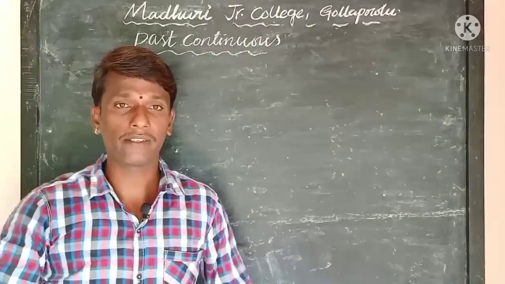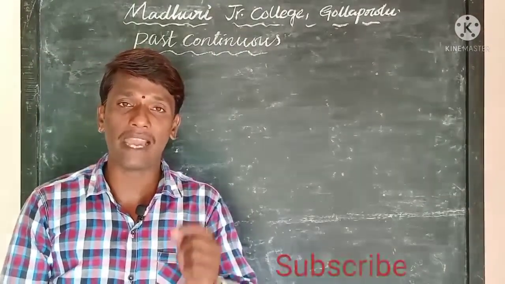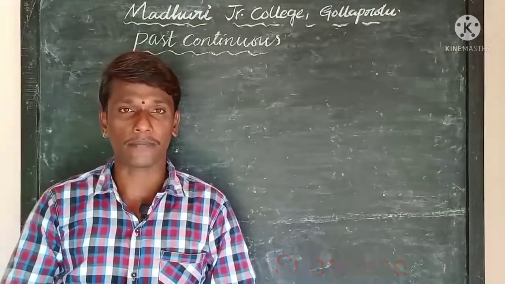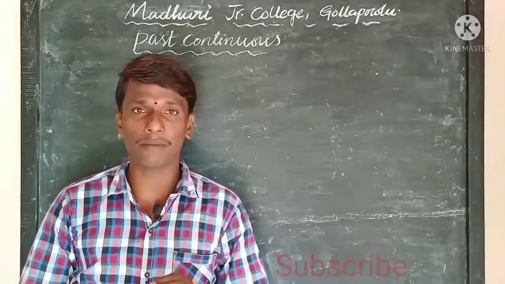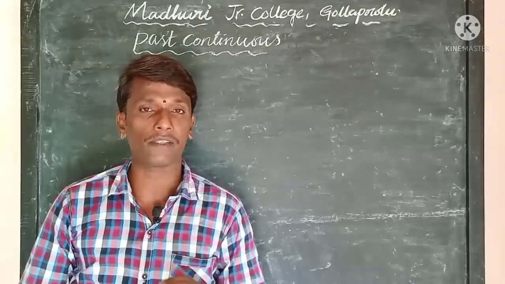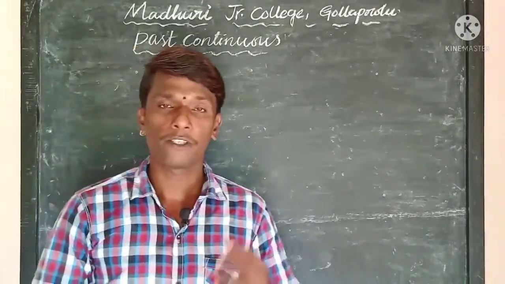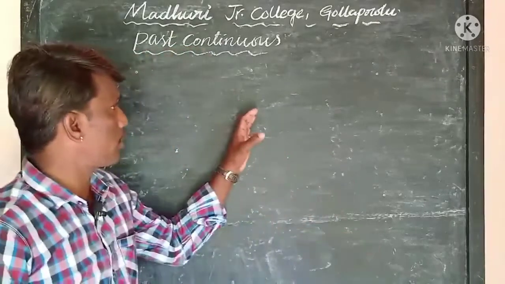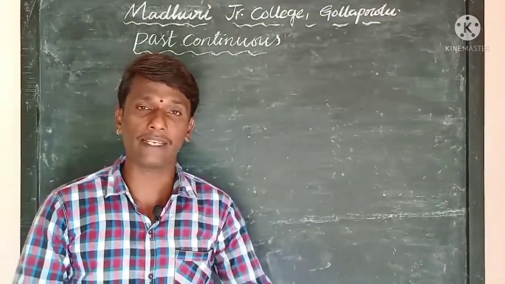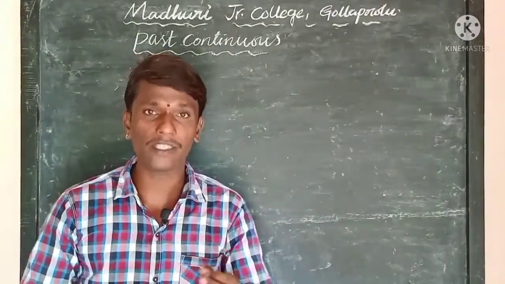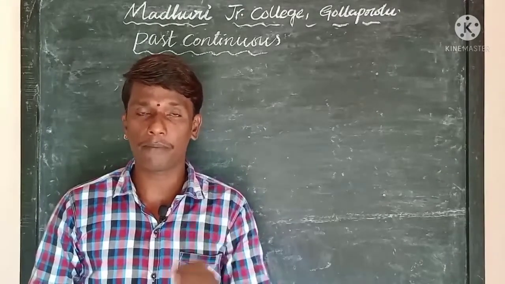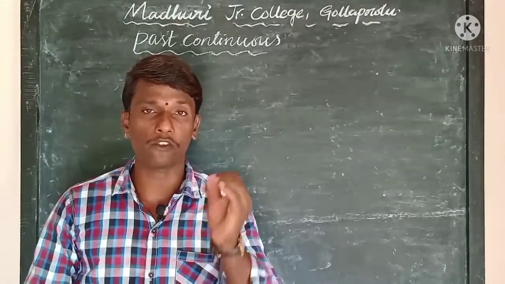And dear students, it is the same as the present continuous tense. The structure of the present continuous tense is subject plus be form plus v1 plus ing form plus object. So the structure of the past continuous tense is also the same: subject plus be form plus v1 plus ing form plus object.